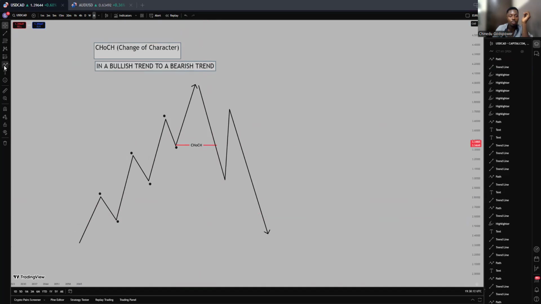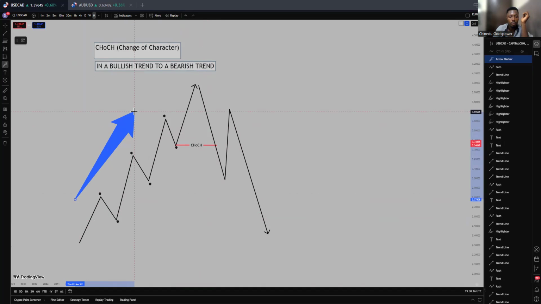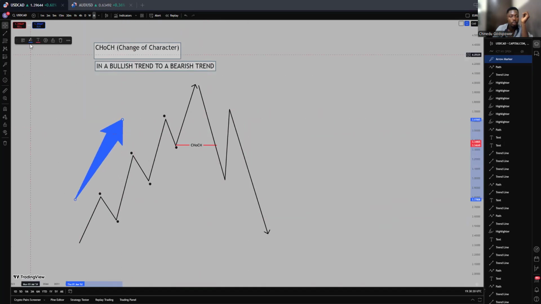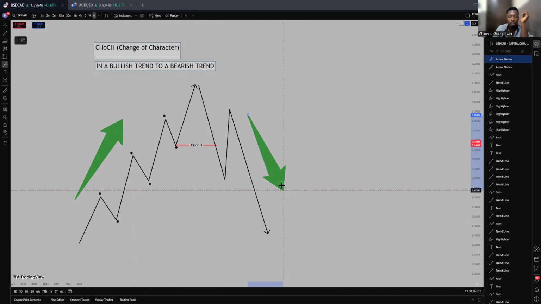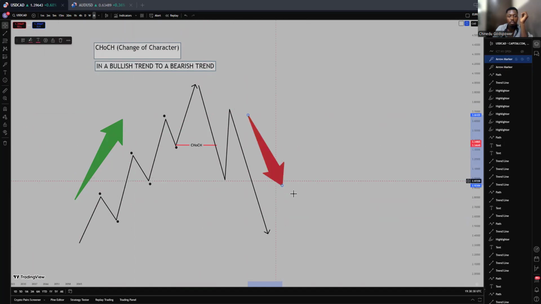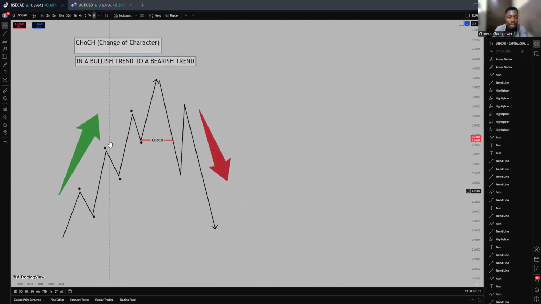And now price has moved from buy side, bullish, to sell side, bearish.